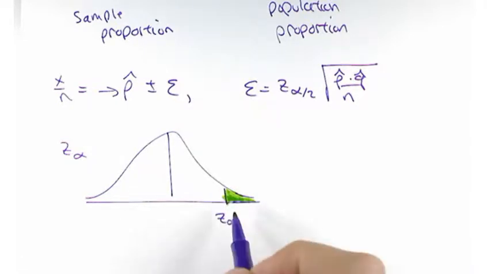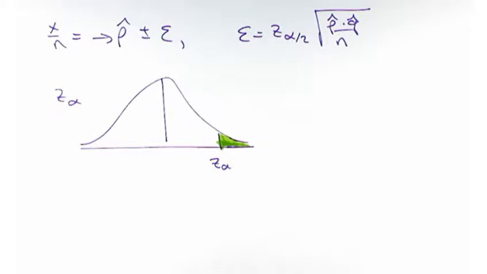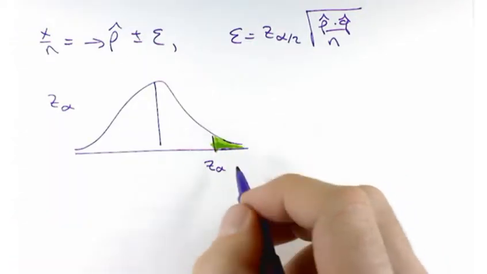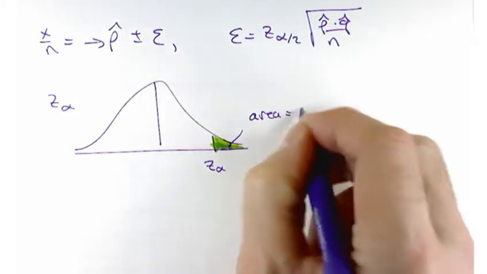Now, unfortunately, that puts it at odds with a lot of the way our technology works. Our graphing calculators, Statdisk, Google Sheets, all give you the area in the left tail. So if you want to find this, you're going to have to do, say, 1 minus a particular number. But that's area equal to alpha.